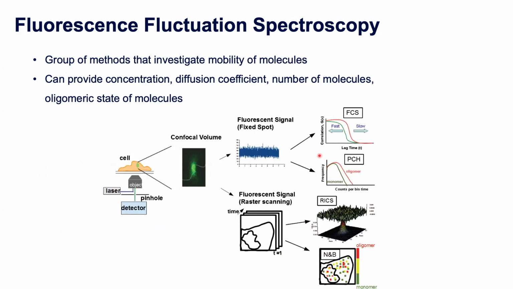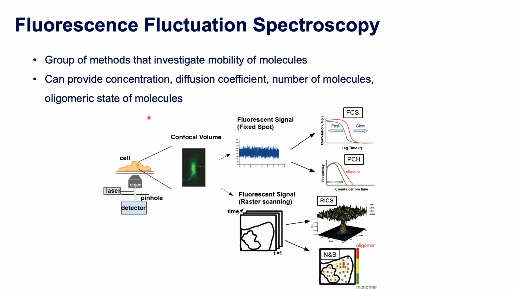Fluorescence fluctuation spectroscopy. So I only have one slide on here because this is probably a one-hour lecture in itself. This is a group of methods that investigate mobility of molecules. It can provide information on concentration, diffusion coefficient, the number of molecules, and their oligomeric state within your sample.